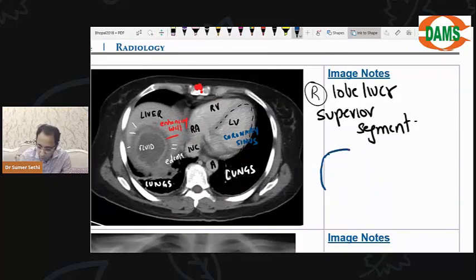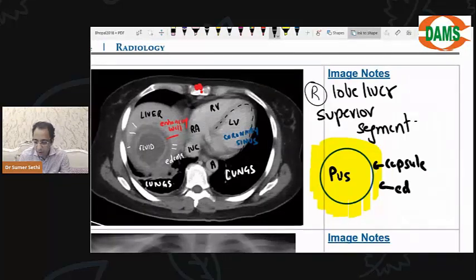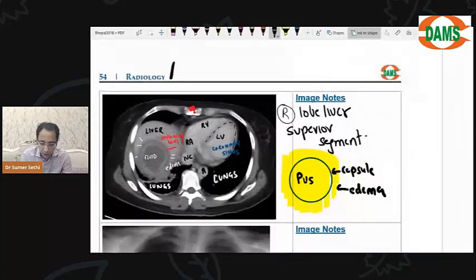And not only do you have an inflamed capsule, you also have surrounding edema. ठीक है. सेंटर में जो लिक्विड है वो पस है, then you have a capsule of inflammation, then you have surrounding edema. This is why now I will label it as amoebic liver abscess. This is not hydatid.